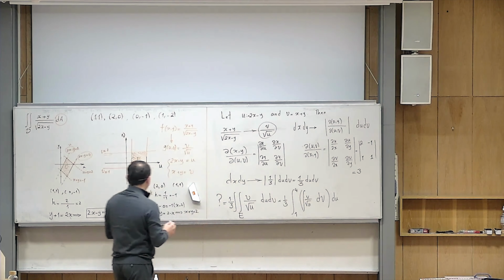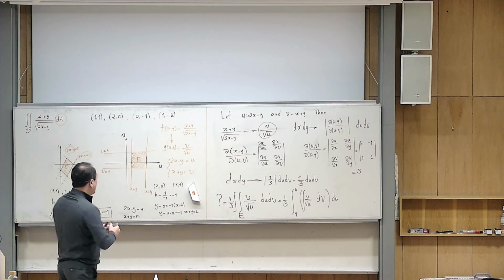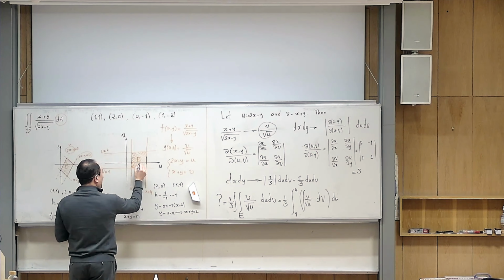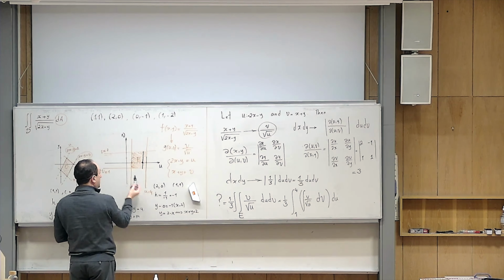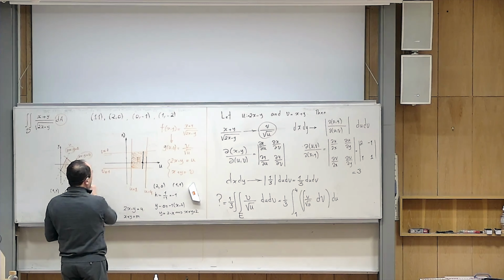But this is again important. It doesn't matter which one I am choosing. Any u that you choose anywhere here, the v coordinate, independent of the choice you make for u, goes from, is it 1?